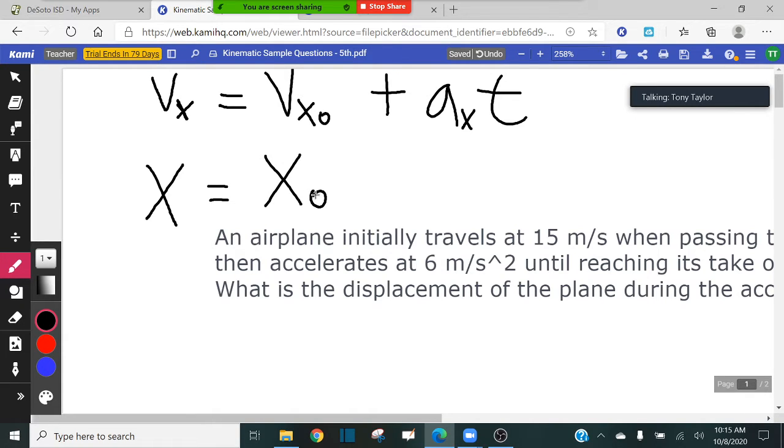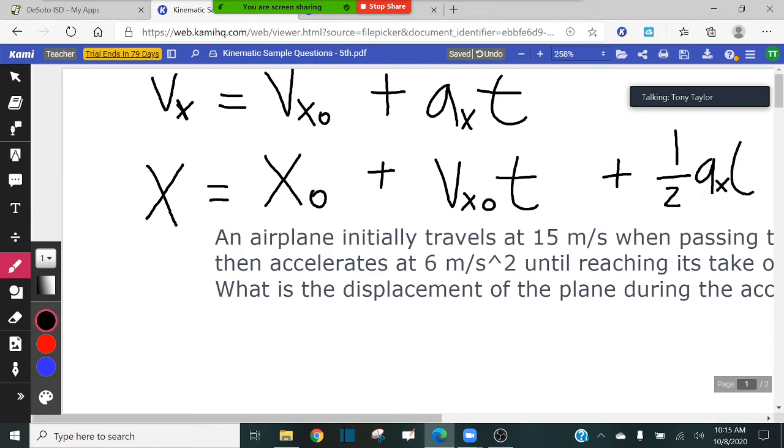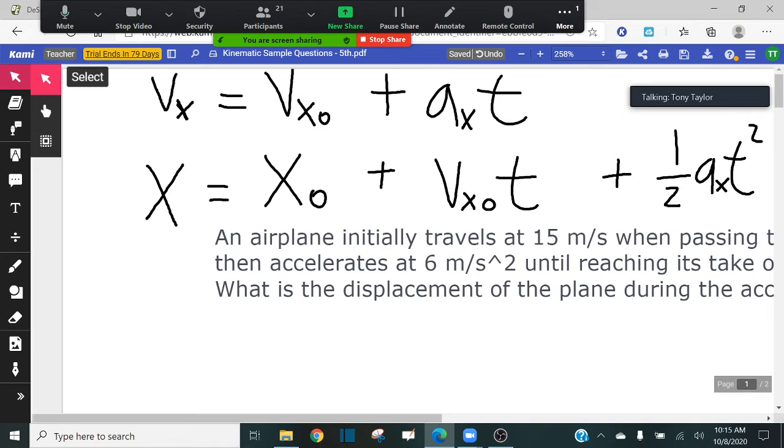Anytime you see that little zero there, that represents your initial conditions, plus the object's initial velocity in the x direction times time, plus 1/2 times acceleration in the x direction multiplied by time squared. Okay, so utilizing these two equations, you'll be able to work out any problem that I give you on the test.